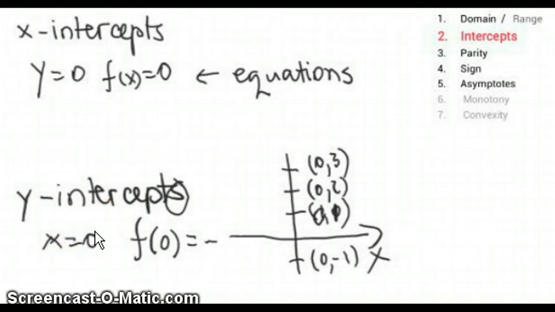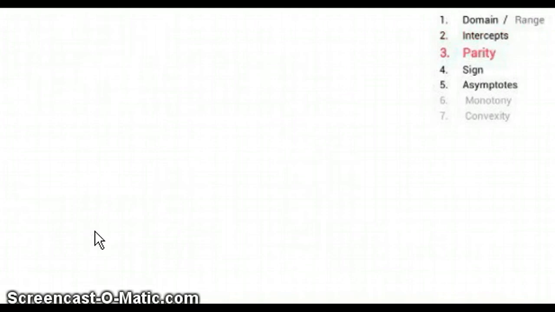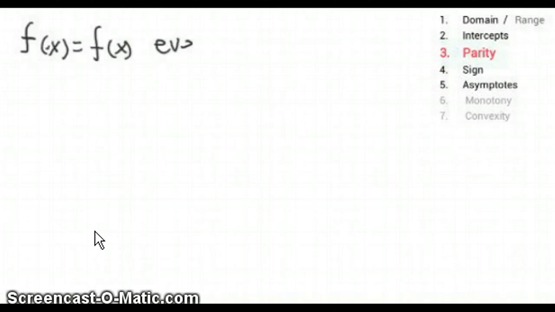The next key feature is the parity. Parity means whether a function is even or odd. An even function is a function for which f of negative x equals f of x. That's the definition, and that's the way you should know it.